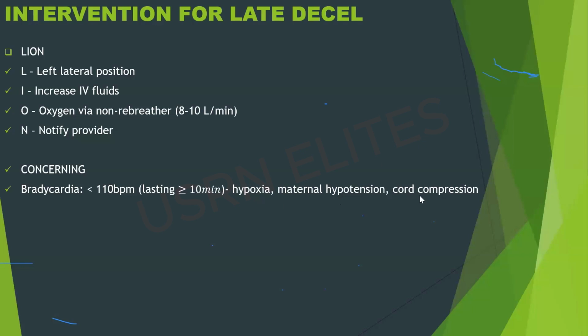Okay, and know that cord compression will cause what? Ideally, cord compression will cause what type of deceleration? Variable. So I'm hearing late. Variable deceleration. Okay, variable. I said this thing is simple.